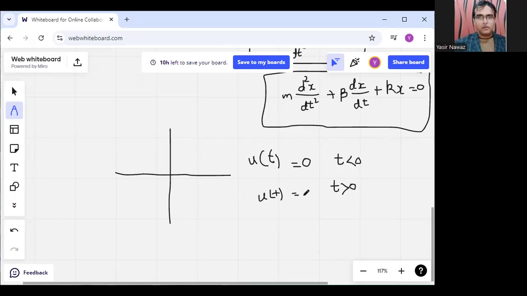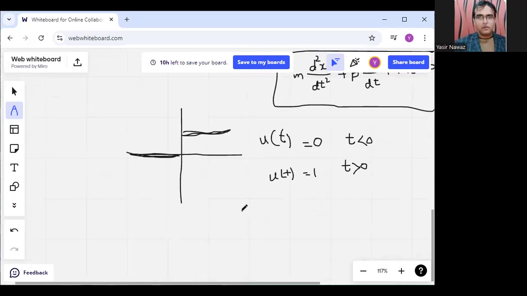So here this is 0 and this is 1. That's a unit step function. If I apply a translation to this unit step function, I write it as u of t minus 1. So this whole function will be translated 1 unit right.